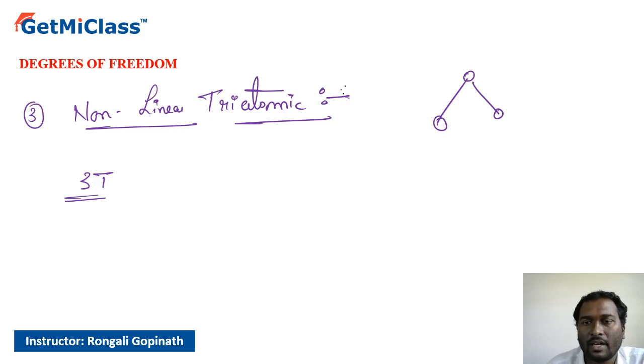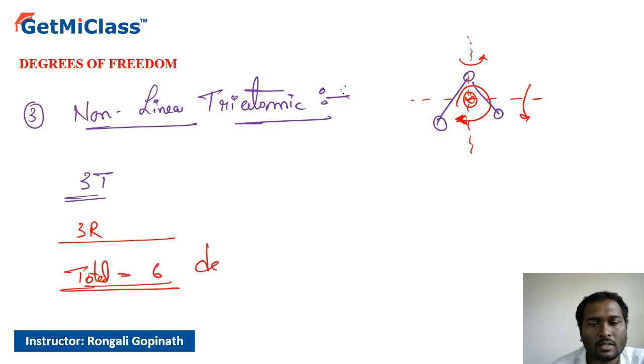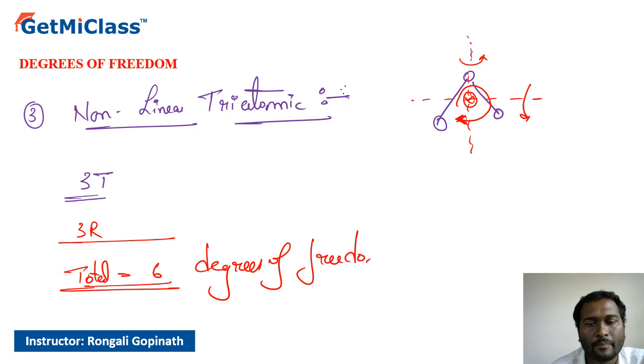Okay, it can rotate about this axis, about this axis, and about this axis, right? So it has 3 rotational and 3 translational. Altogether we have 6 degrees of freedom.